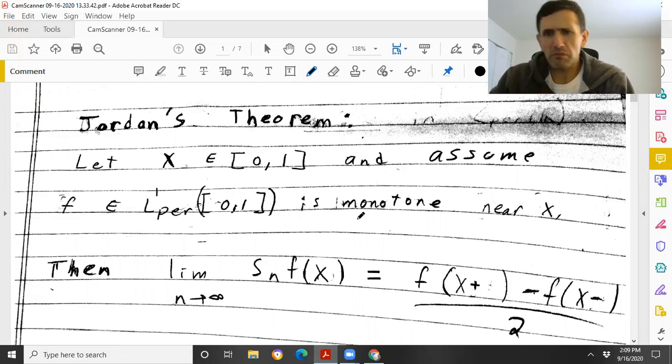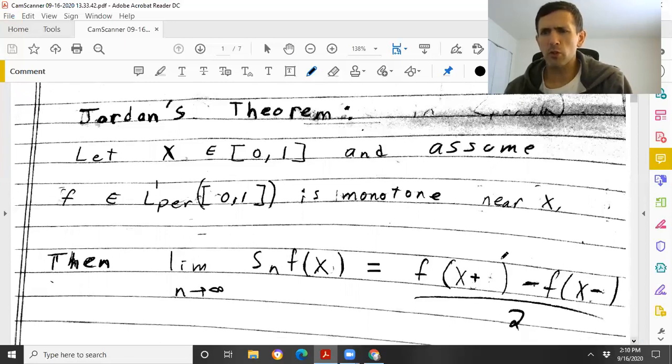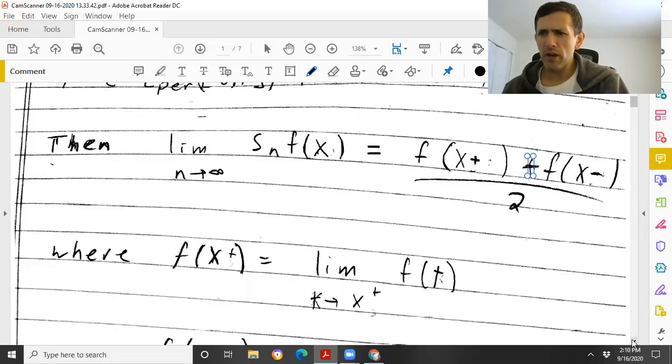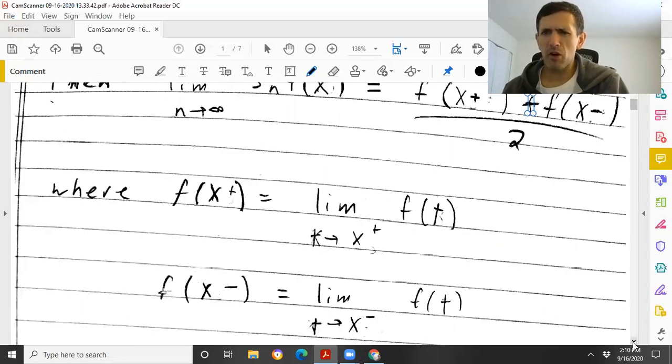All right, so if this is the case, then the Fourier series of f converges not necessarily to f at the point, but it converges to the right-hand limit plus the left-hand limit over 2. So it converges to the average of the right-hand limit and the left-hand limit, where the right-hand and left-hand limit are defined as you would expect.